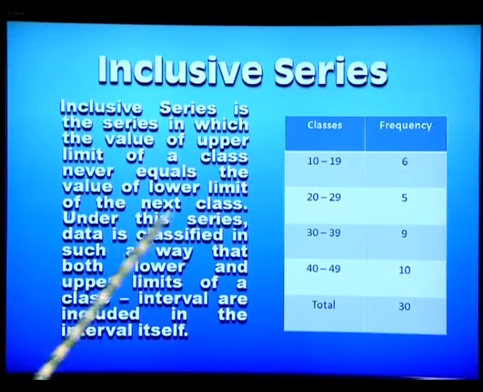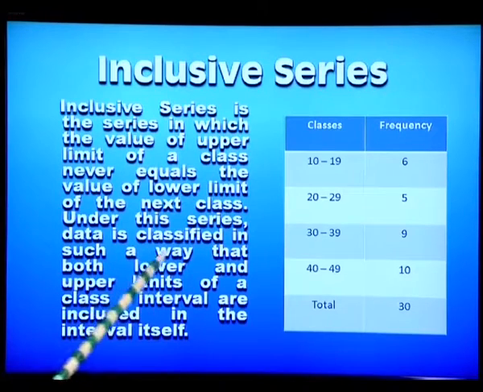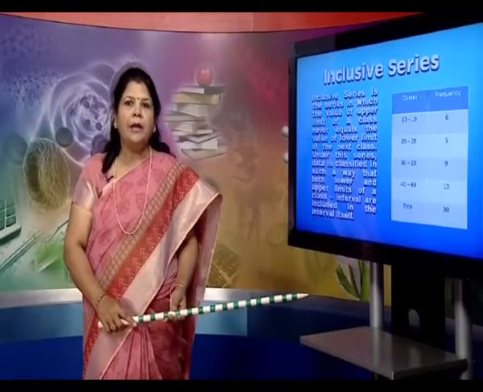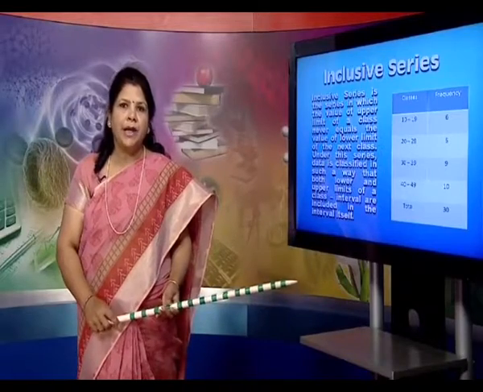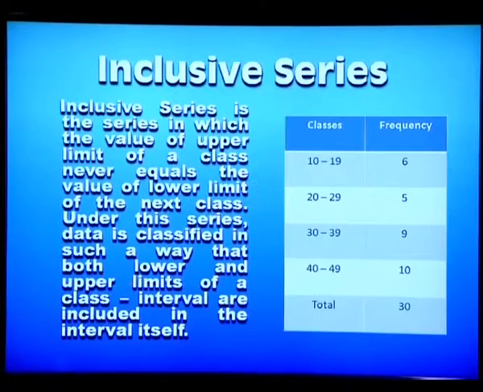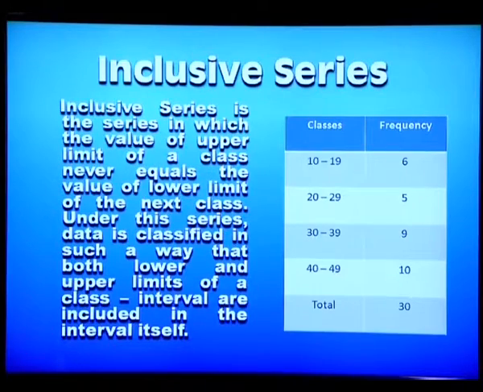Under this series, data is classified in such a way that both lower and upper limits of a class interval are included in the interval itself. For example, any number corresponding to 10 will be included in this class, and any number corresponding with 19 will also be included in this class.